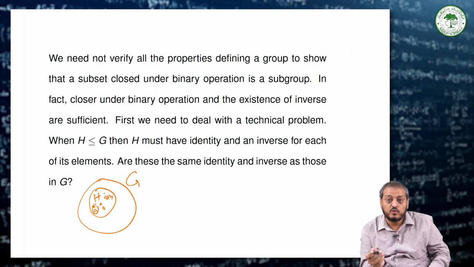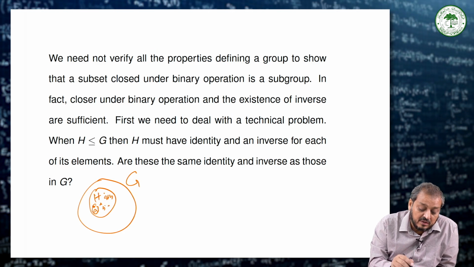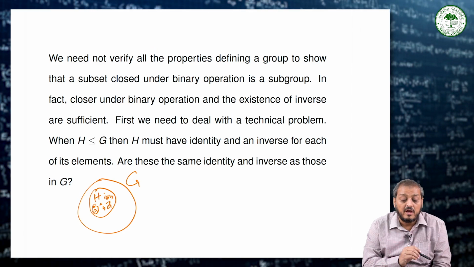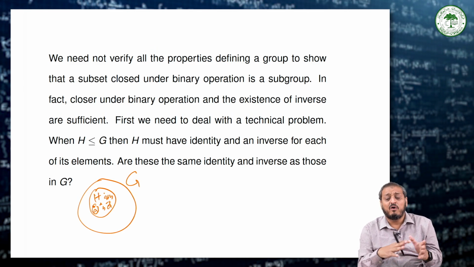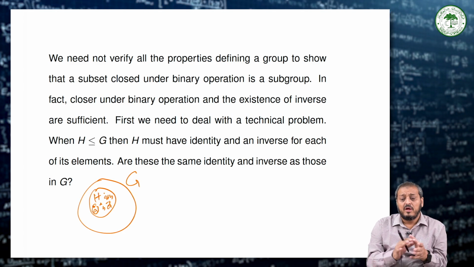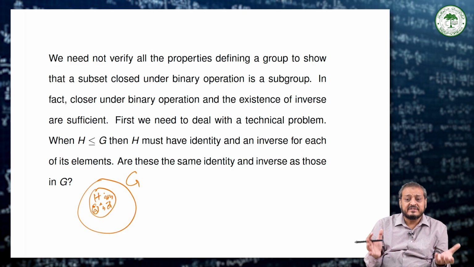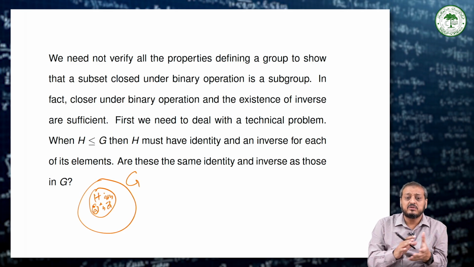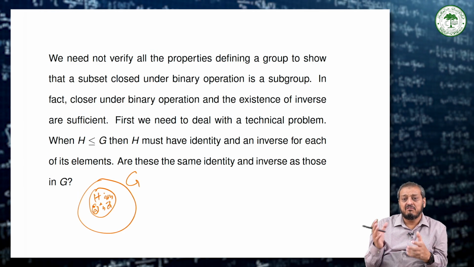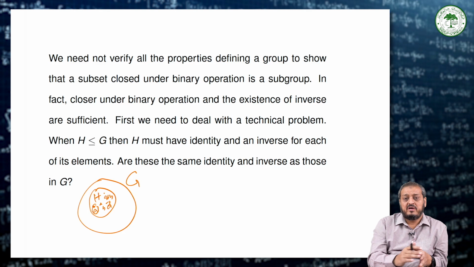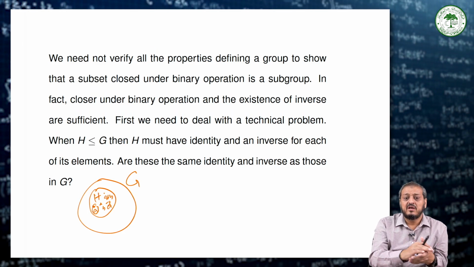So we have to verify that the inverse of A also belongs to the same set H. That's why we say there is no need to verify all the properties in the definition of a group to show that a subset is a subgroup. It is enough to show that it is closed under the binary operation and that inverses exist, which are sufficient to show that any subset is a subgroup of G.